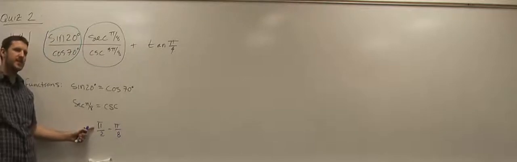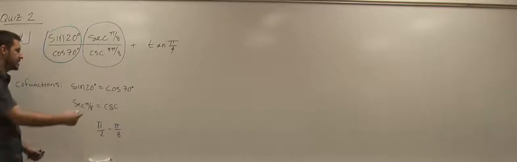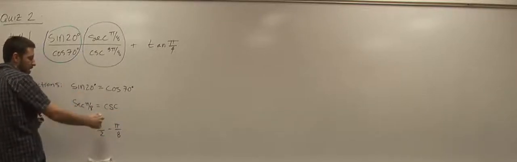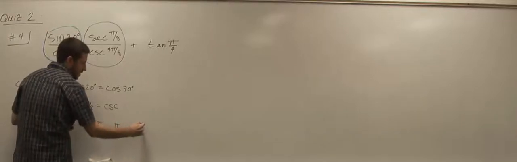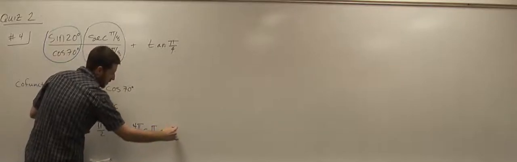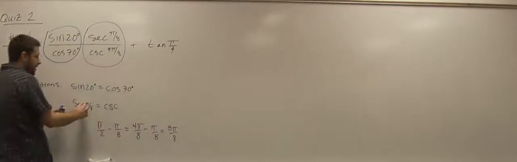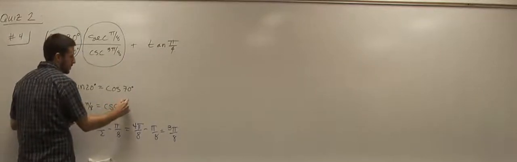You take 90 degrees, but since we're in radians, you take pi over 2 radians and subtract pi over 8, and that'll give you the complement. Pi over 2, with a common denominator, is 4 pi over 8, minus pi over 8 is 3 pi over 8. So secant of pi over 8 is equal to cosecant of the complement angle, which is 3 pi over 8.